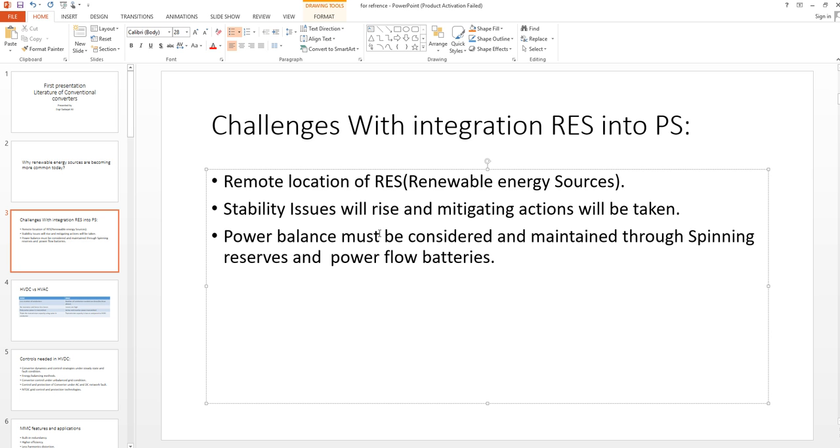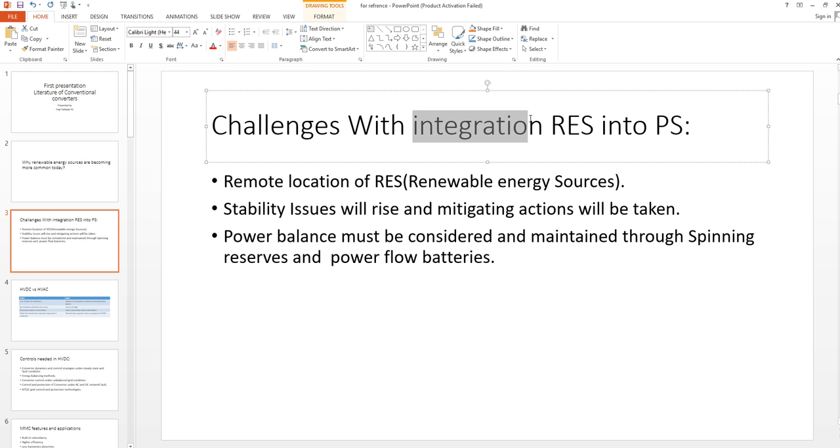For example, if the speed of the air decreases, we cannot generate power at that time, so we have to utilize these spinning reserves, and we have to use some kind of batteries that can supply power. So these are the challenges when we integrate renewable energy sources into the power system.